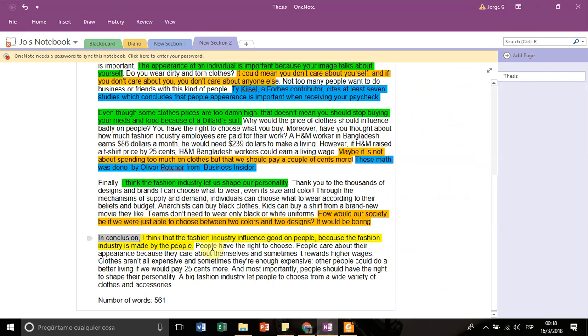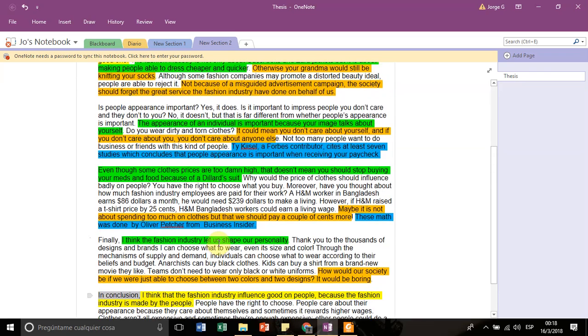And at the end, you have to write the number of words. Please do this. Do not forget to do it. It's very important that you count your words, so I can check your essays quicker, and it helps me to evaluate or to assess your performance.